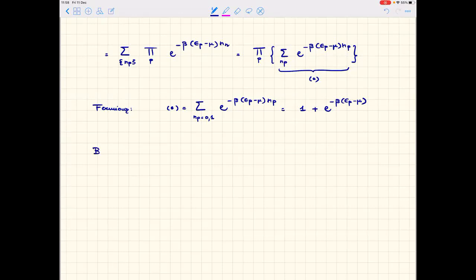For bosons, this is equal to the sum over n_p that can vary between 0 and plus infinity of e to the minus beta (epsilon_p minus mu) n_p.